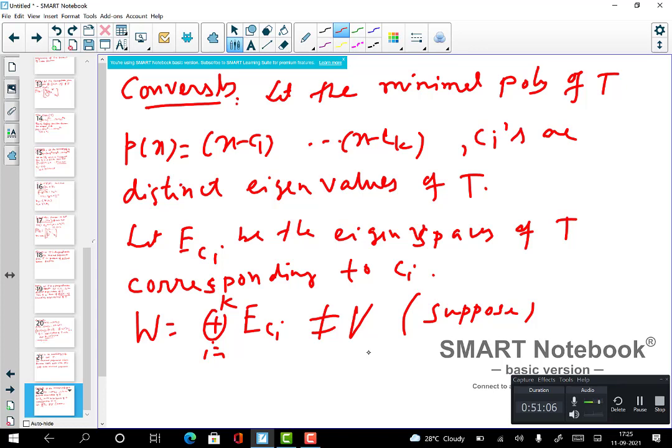Anyway, you see that these eigenspaces are always T-invariant, so W is T-invariant.